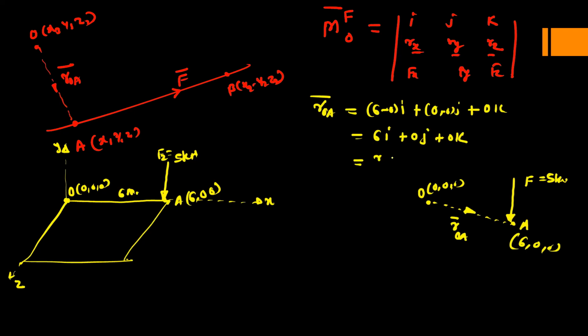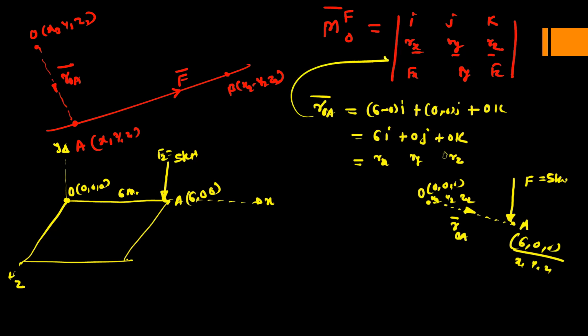So this is Rx, this is Ry, and this is Rz. You can consider this point A at which the force is acting as the point x1, y1, z1, the moment point as x2, y2, z2, and then this is x1 minus x2, y1 minus y2, and z1 minus z2.